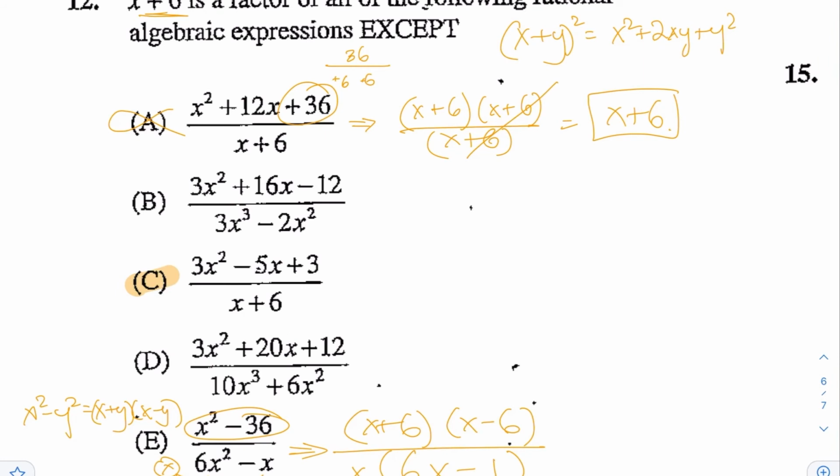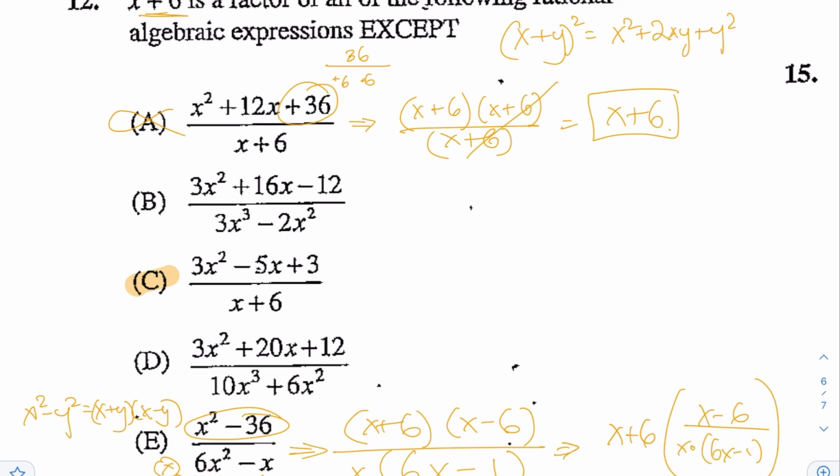And here, because you have x plus 6 in the numerator, that counts as a factor, because factors have to be in the numerator. You can rewrite this as x plus 6 times the remaining factors, so this original expression is equal to x plus 6 times this other really large factor.